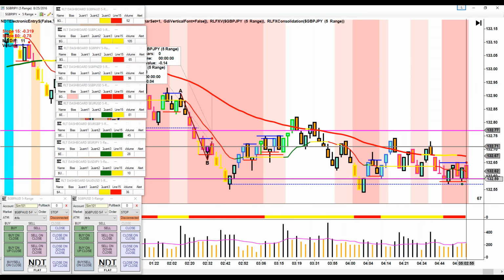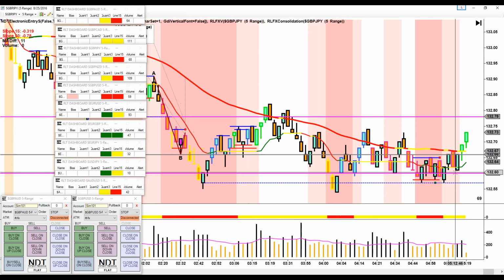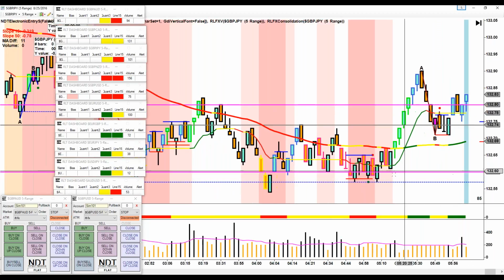This would have been, but right into market profile again. You can see how market profile held up price here.